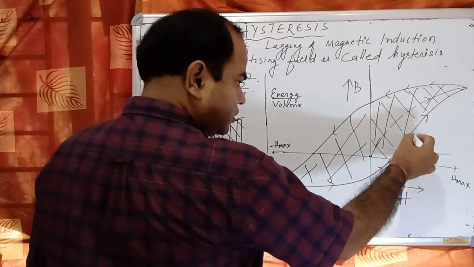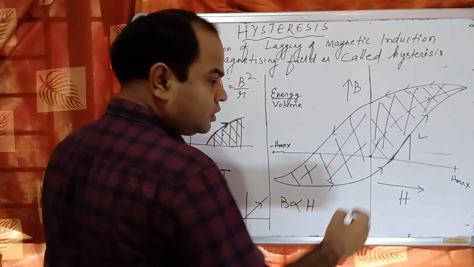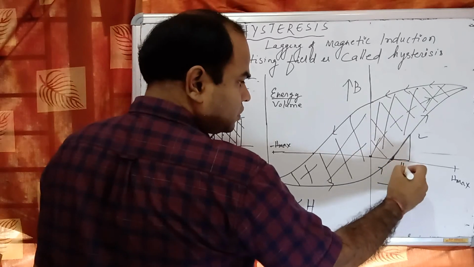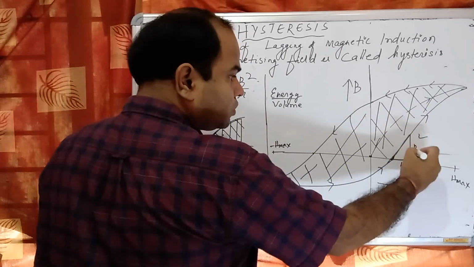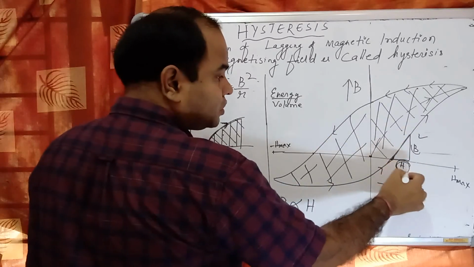See this? From this point to this point, we are giving H this much, but B is more. Less H, more B.